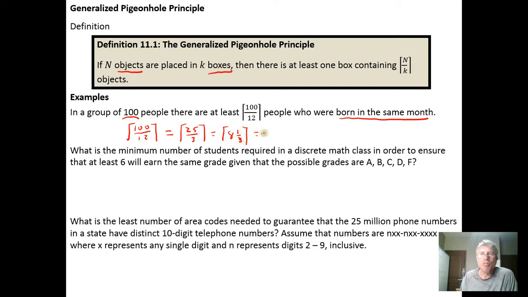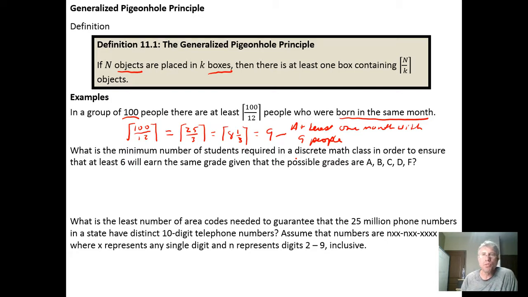So the ceiling function would round up to a 9. This would tell us there's at least 1 month with 9 people. Like I said, it could be 1 month has all of the 100 people, but we know one of the months must have 9.